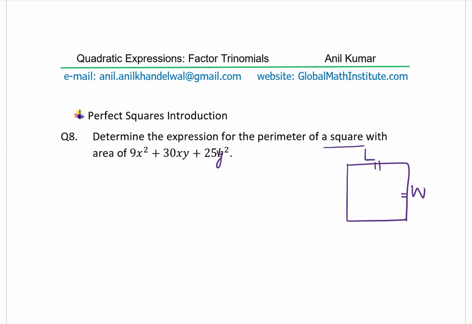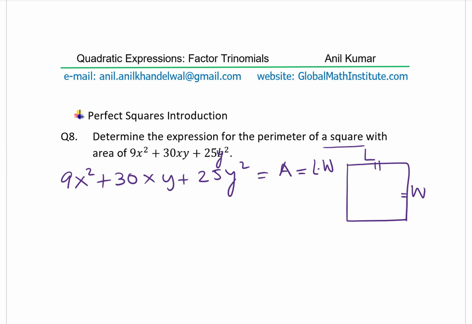Let's figure it out. So the question is to factor 9x squared plus 30xy plus 25y squared. Why are we factoring? Well, this is the area given to us and we know area is length into width. Since area is the product of length and width, we'll convert the sum into length and width. Is that clear to you? Perfect. Okay.